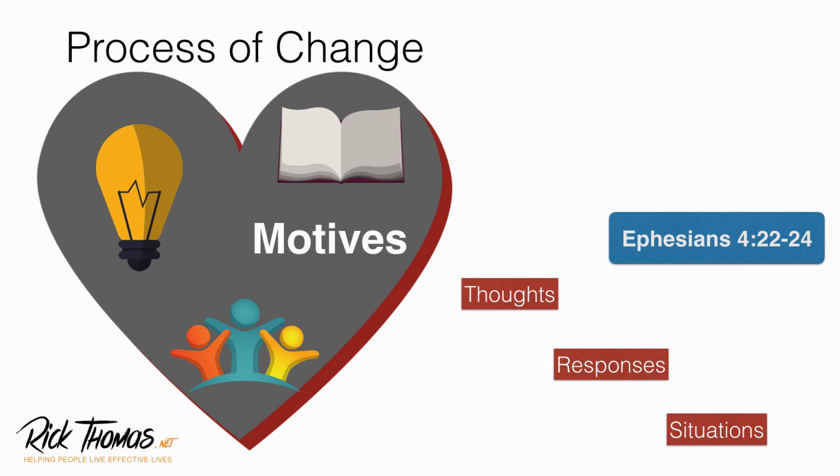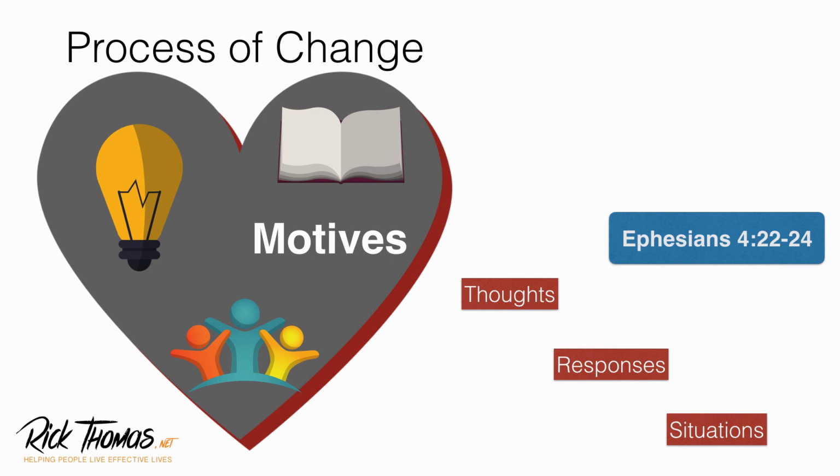Now, he could say something like, when I don't get my way, I respond this way. And so what we find out about this individual is that he has to be in control. He has to do things his way. And if things aren't going his way, he thinks that he is out of control. Therefore, he responds in such a way. And of course, it always creates a kind of situation that he really does not want. But the motivations of his heart are wrong, and he needs to renew his mind.